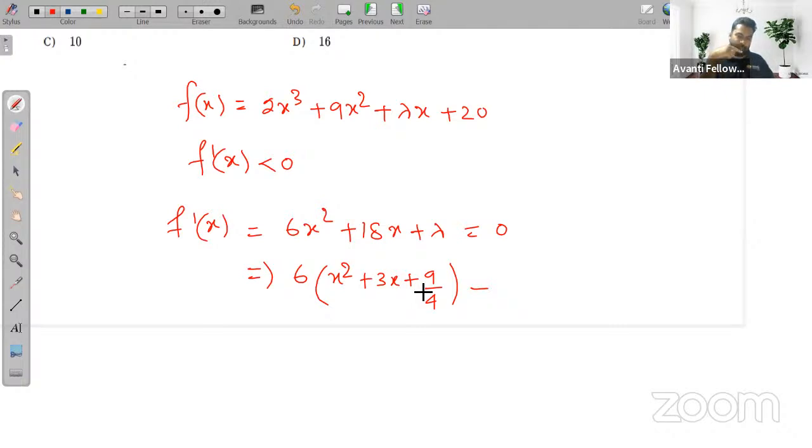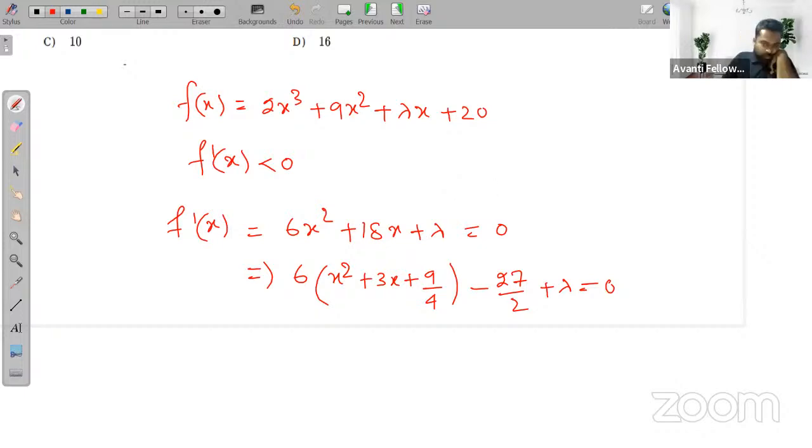Also 6 is multiplied here, no? So we have previously nothing. So 6 is 27 by 2. Okay. So subtract 27 by 2 plus lambda is equal to 0. Now make x in x plus 3 by 2 square minus 27 by 2 plus lambda equal to 0.